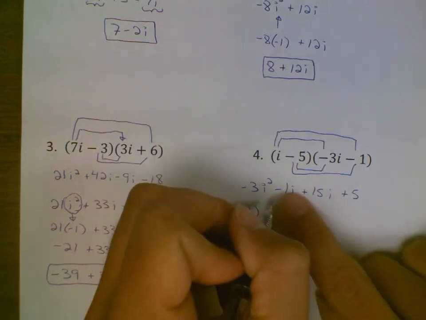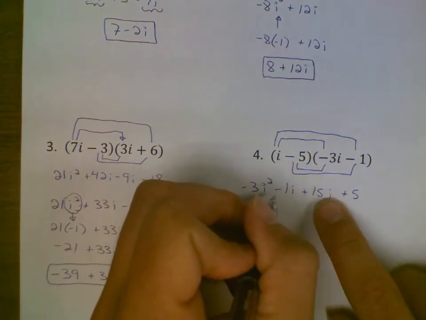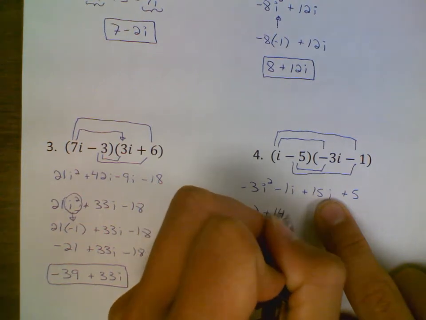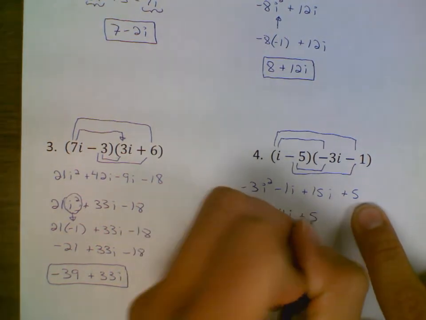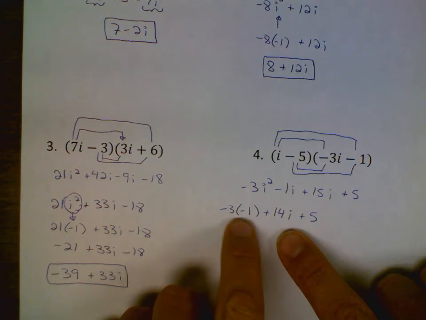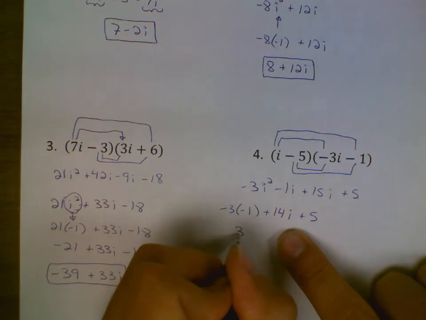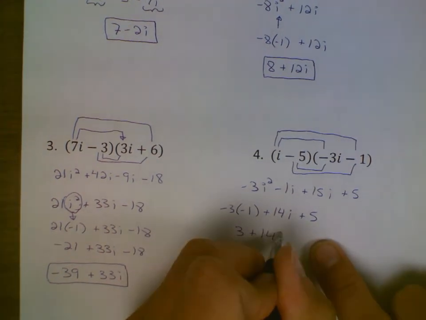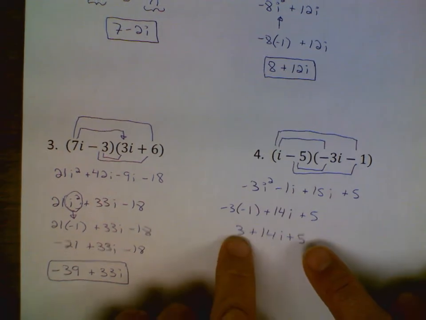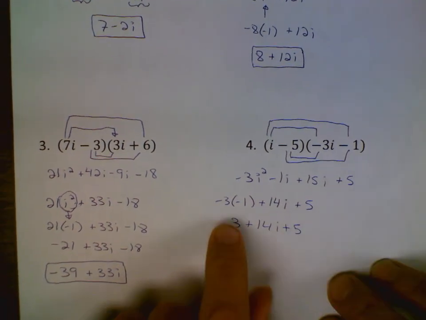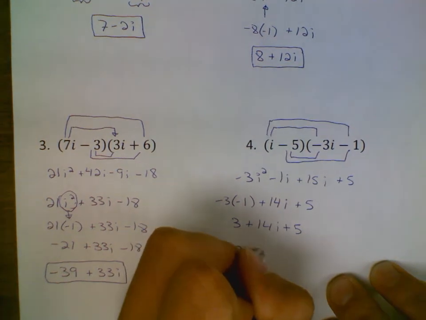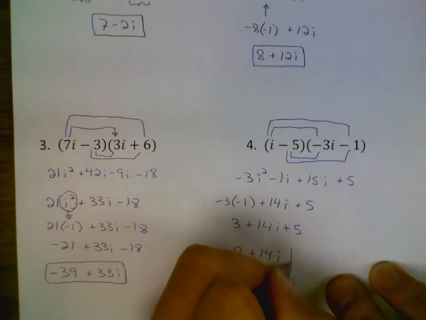If I combine these two, -1 plus 15 is 14i, plus 5. Then I need to multiply these two together, so I get 3 plus 14i plus 5. The like terms, the 3 and the 5, get put together, so I get 8 plus 14i as my final answer.